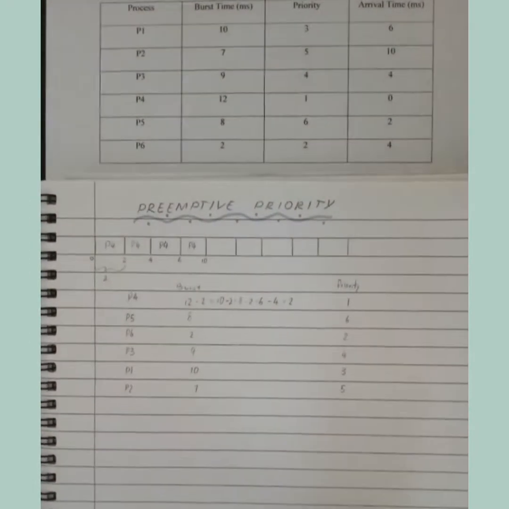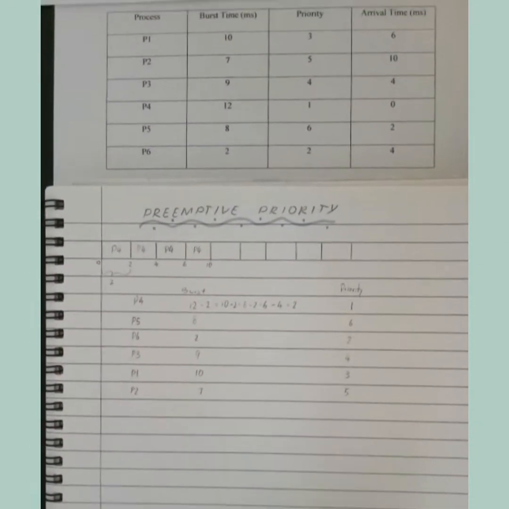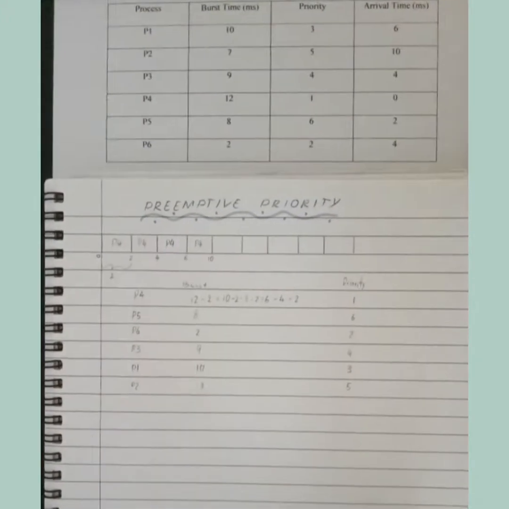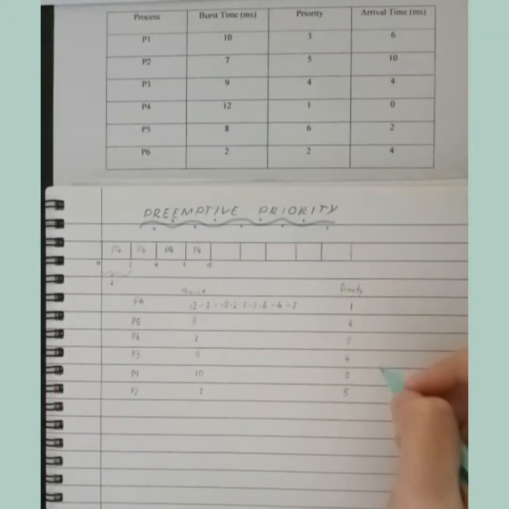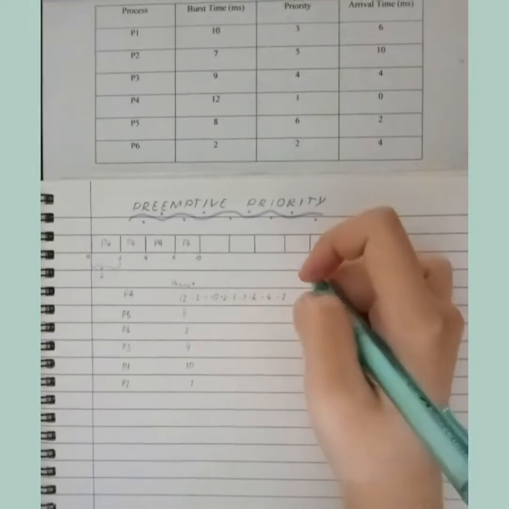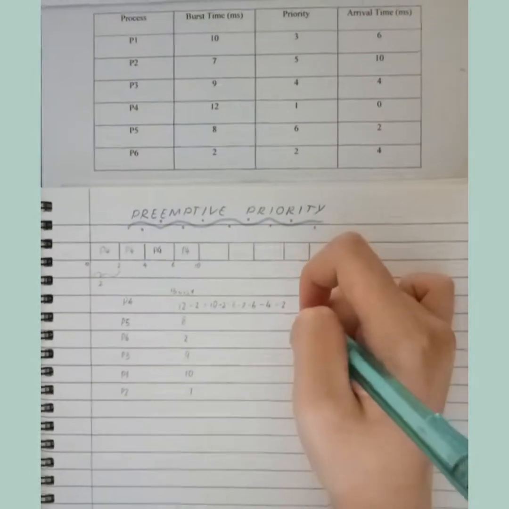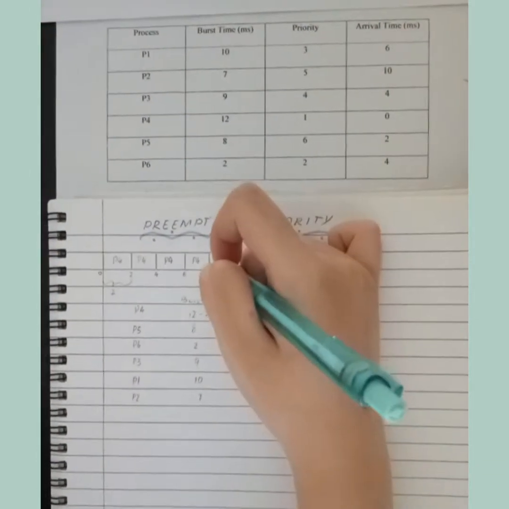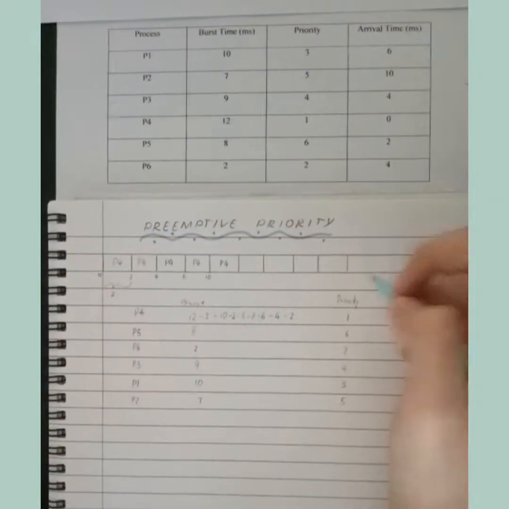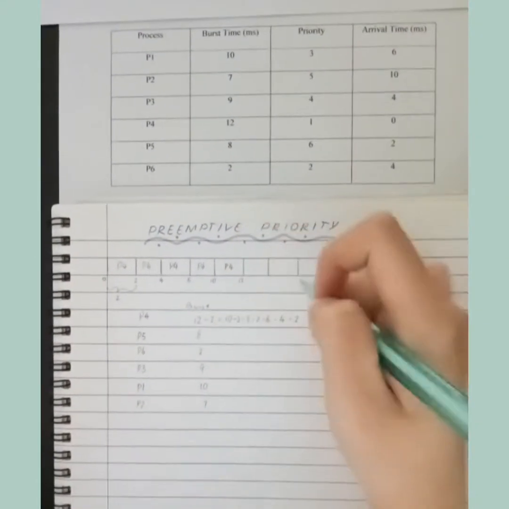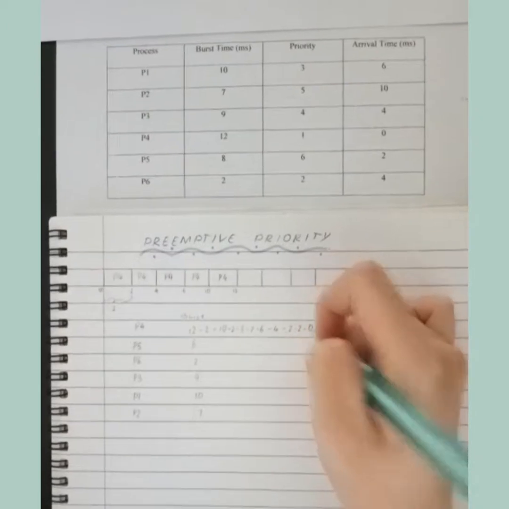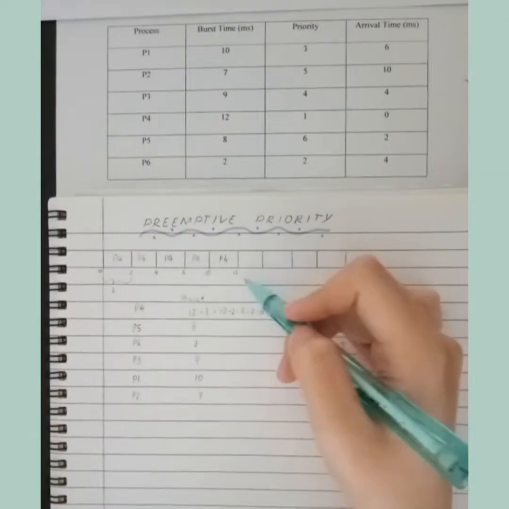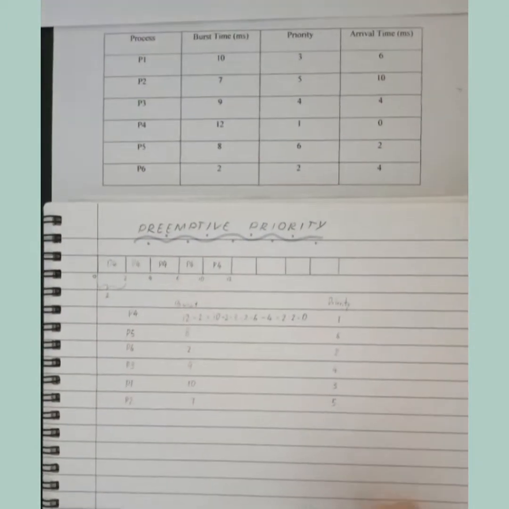Okay, now there are no new coming processes, so we compare the priority and update the Gantt chart by adding the burst time. P4 still has 2 ms burst time left. Continue execution of P4 until no remaining burst time. 2 minus 2 equals 0, and Gantt chart 10 ms to 12 ms. The first priority execution is terminated.